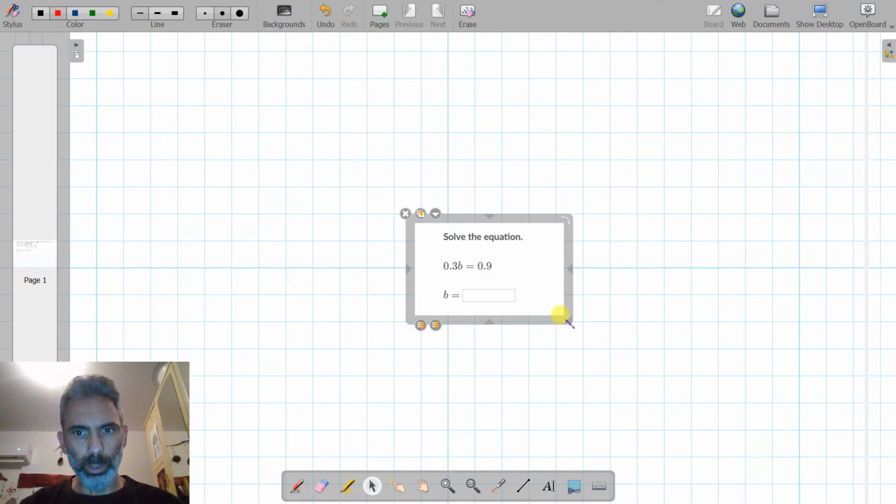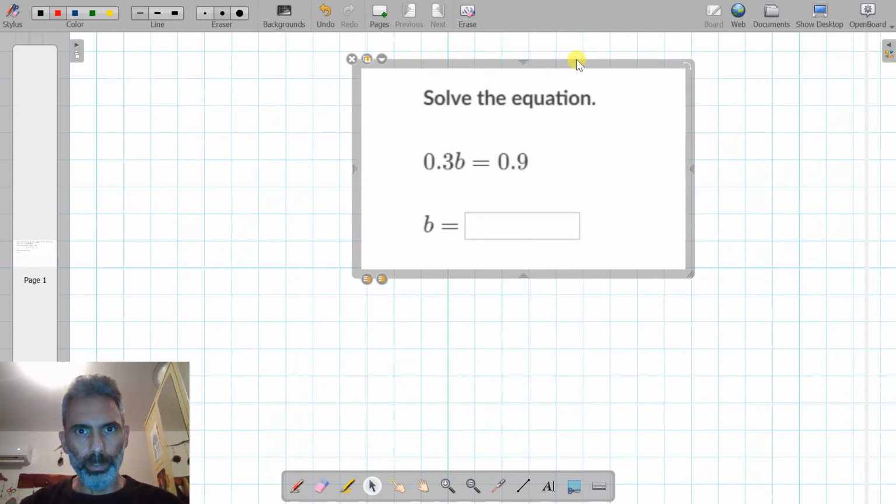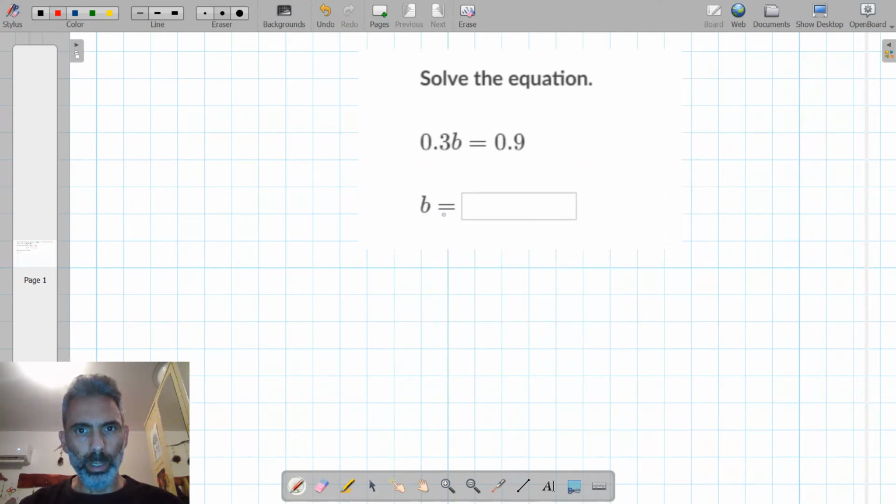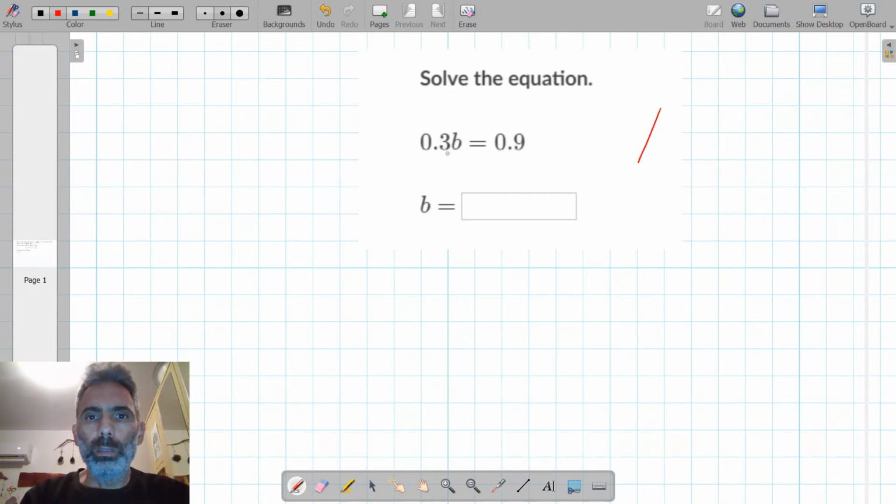Solve the equation. 0.3b equals 0.9. So we need to isolate the variable b, and because b is multiplied by 0.3, because there's an implicit multiplication between 0.3 and b, we need to divide both sides of the equation by 0.3.